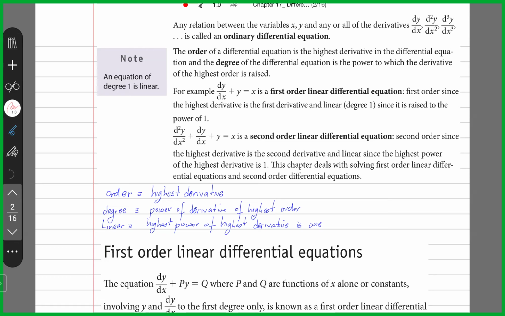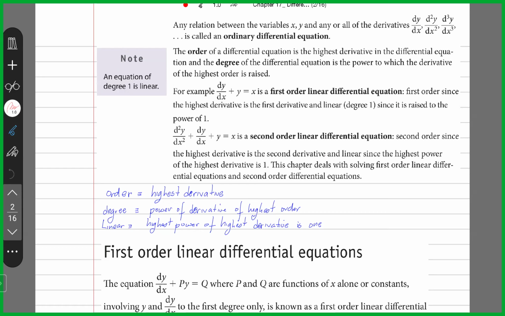d2y by dx squared plus dy by dx plus y is equal to x is a second order differential equation. Second order, since the highest derivative is the second derivative, and linear, since the highest power of the highest derivative is 1.